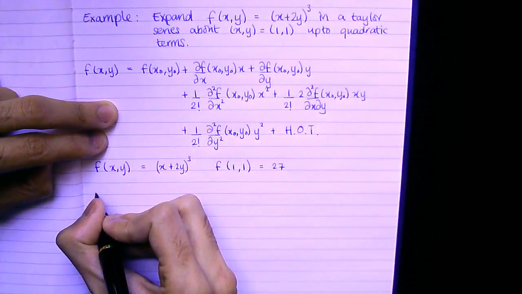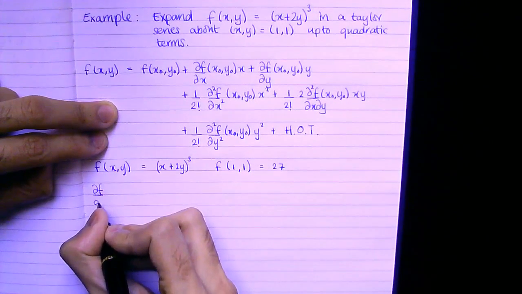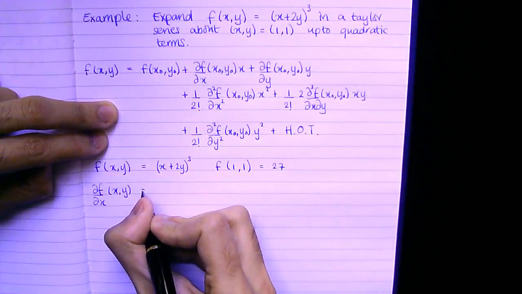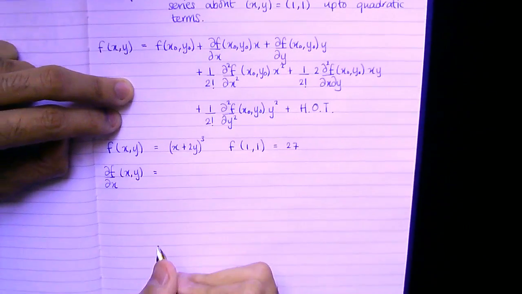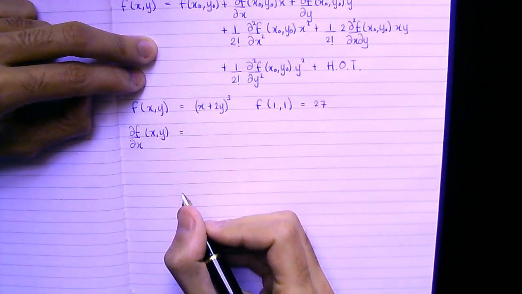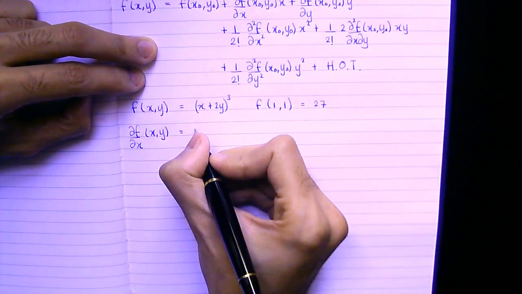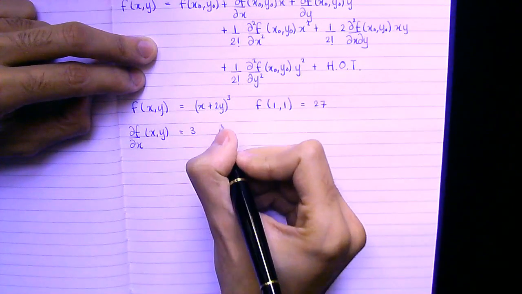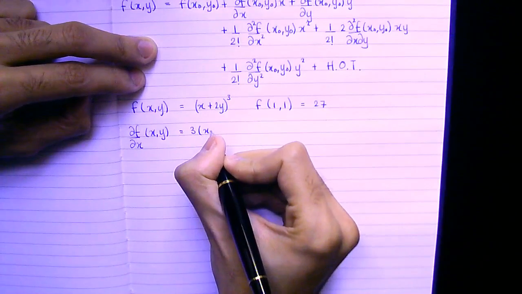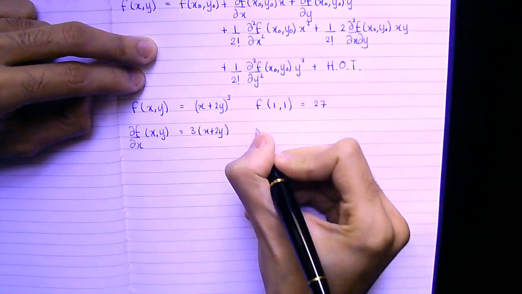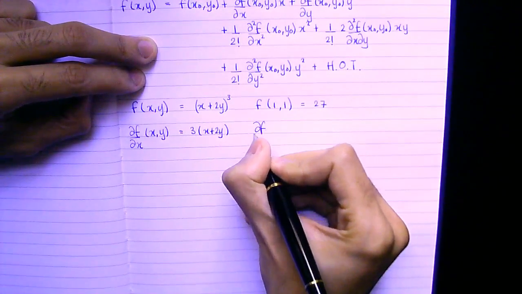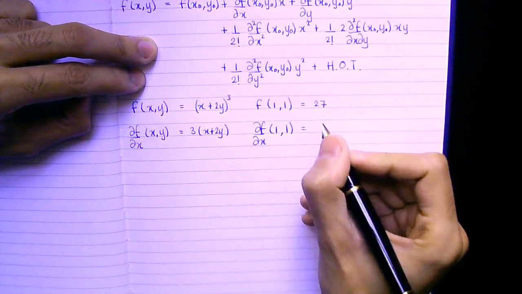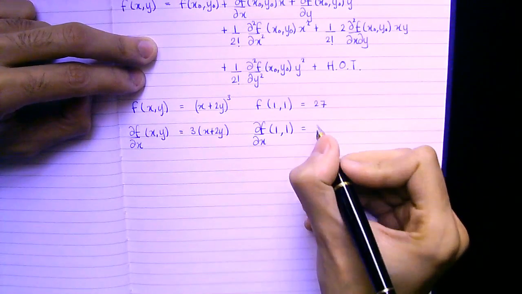Okay, let's do the same thing for the partial differential with respect to x. So for this, I'll bring the power to the front, differentiate what's inside the brackets, reduce the power by 1, and I'm going to evaluate this at the point 1, 1, and I get 27 again.